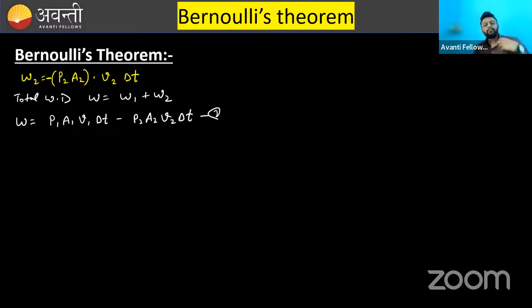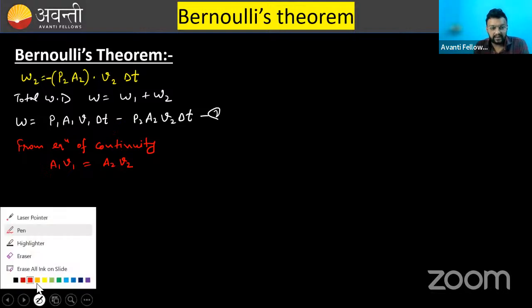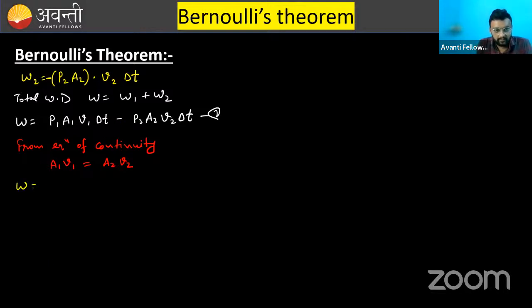Now, from the equation of continuity, you know that A1 V1 is equals to A2 V2. Is it clear? If I use this relation in the second equation, I am replacing A2 V2 with A1 V1.